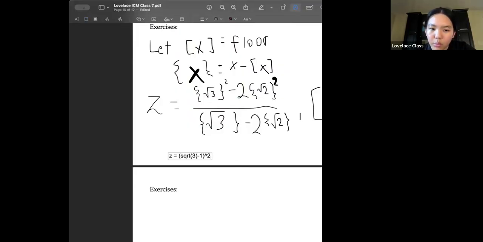And then we have that squared minus 2 times, same goes for root 2, square root of 2 minus 1 all squared. And then we have this all over, plugging it in, square root of 3 minus 1 minus 2 times square root of 2 minus 1.